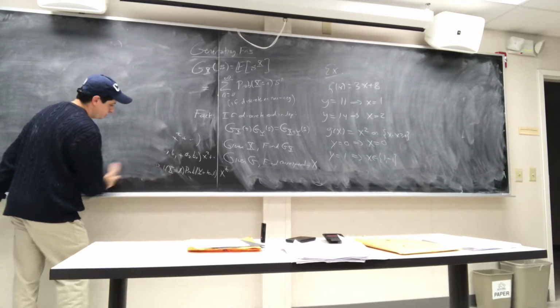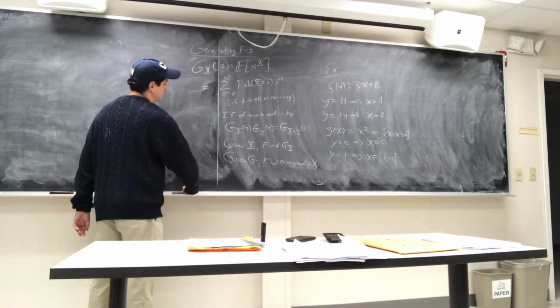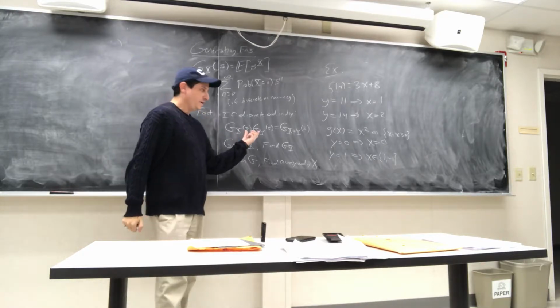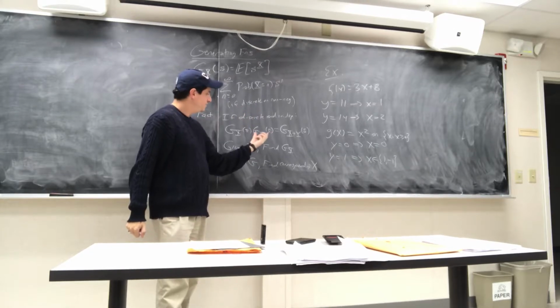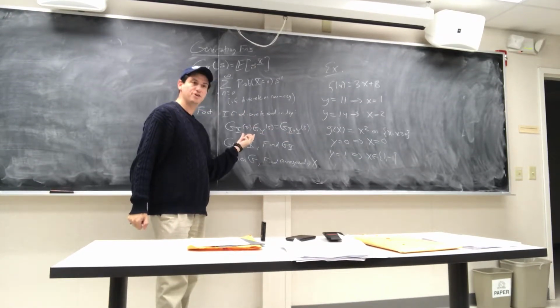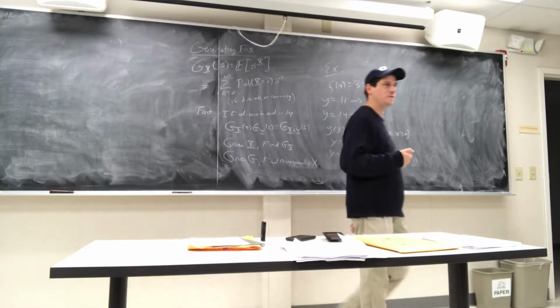All right, so returning to generating functions, we know that if they're independent and discrete, non-negative, then the generating function of the sum is the product of the generating functions. Does this remind you of any results you've seen before?